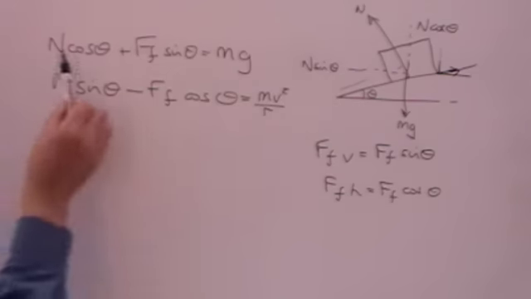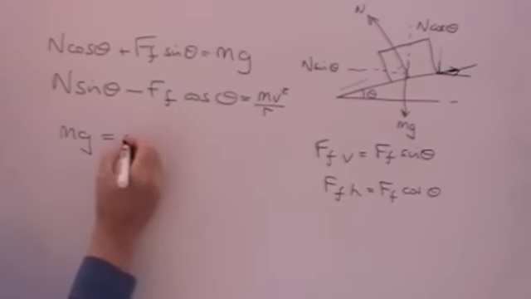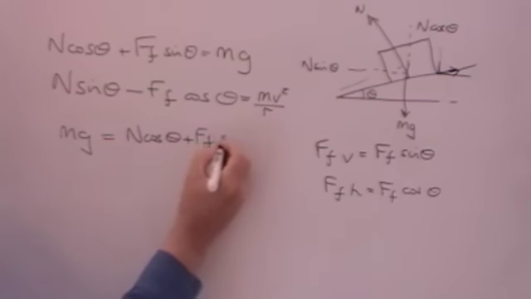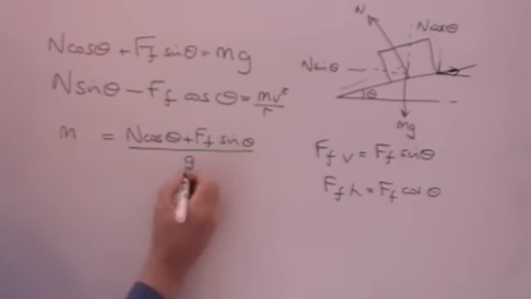And just as we did before, we can solve this top equation by writing mg is equal to N cos theta plus Ff sine theta. So if I divide both sides by g, then I'm going to get an equation for m.